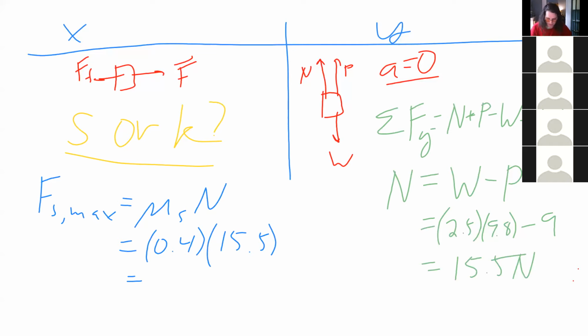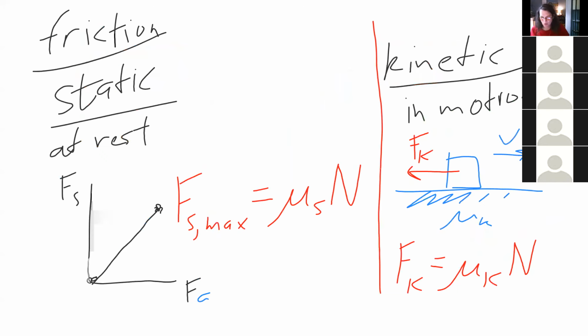Okay. This will give me 6.2. So this is the maximum force of static friction. Keep in mind that in order to break static friction and in order to move over to the kinetic friction regime, I need my applied force, that is in opposition to the force of friction, to exceed this force of static maximum. That's how I break right there.